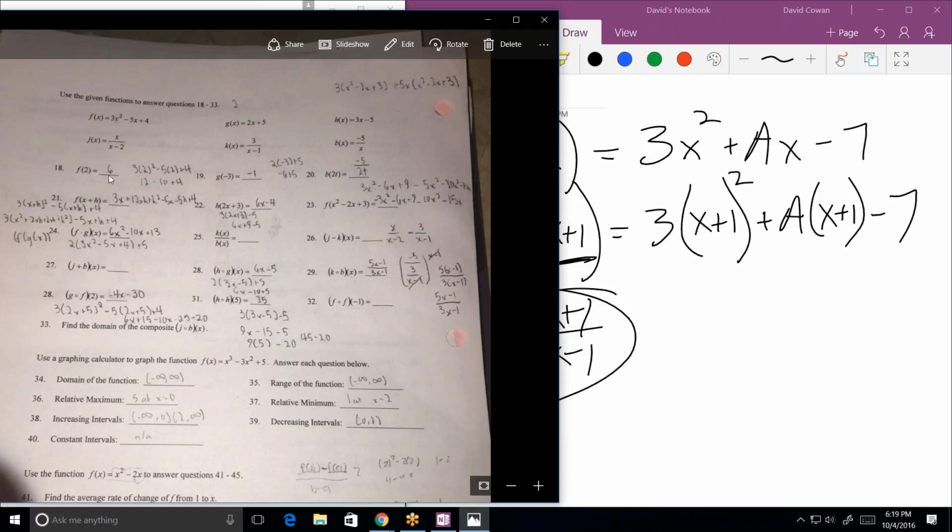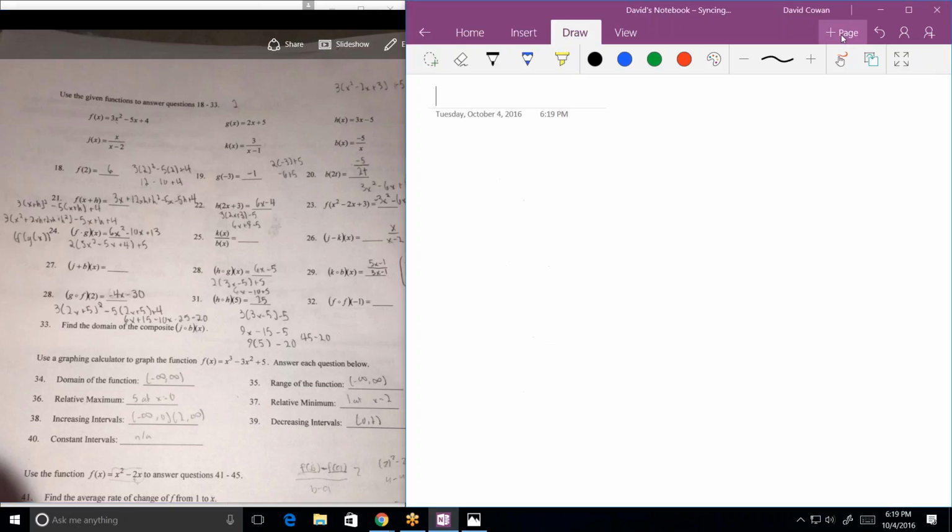But that's what we were just talking about. Look on 28. So when it's the little circle, that means g of f of 2, right? Yes, exactly. And you always work from the inside out.